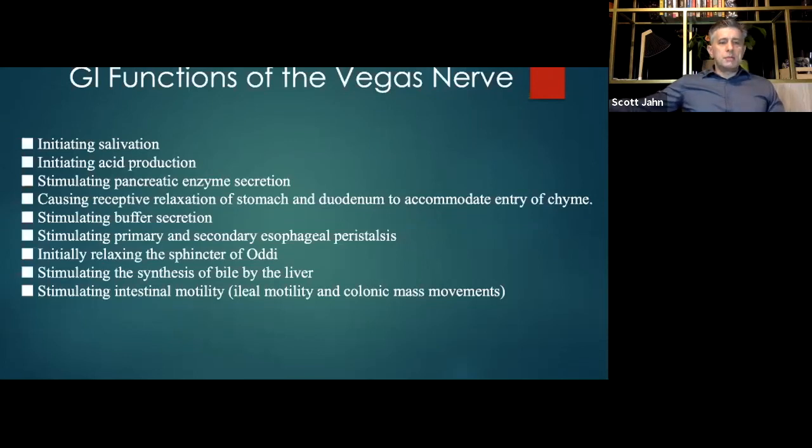It causes receptive relaxation of the stomach and duodenum to accommodate entry of the bolus of food. It stimulates buffer secretions, and stimulates primary and secondary esophageal peristalsis. It initiates relaxation of the sphincter of Oddi, which is where the gallbladder sends its digestive juices. It stimulates the synthesis of bile by the liver, and stimulates intestinal motility. So it has a lot of functions when it comes to gut health.